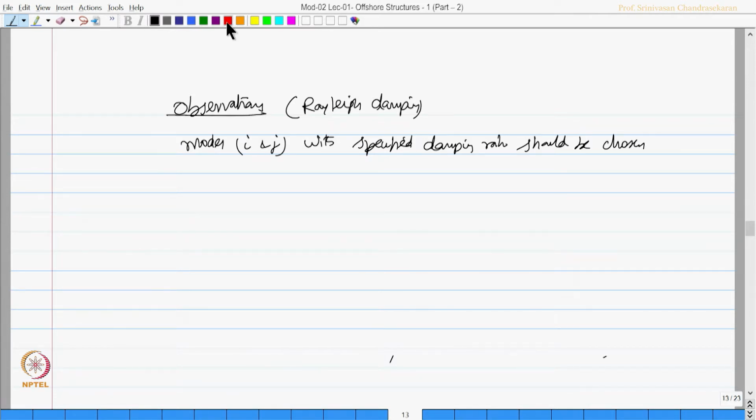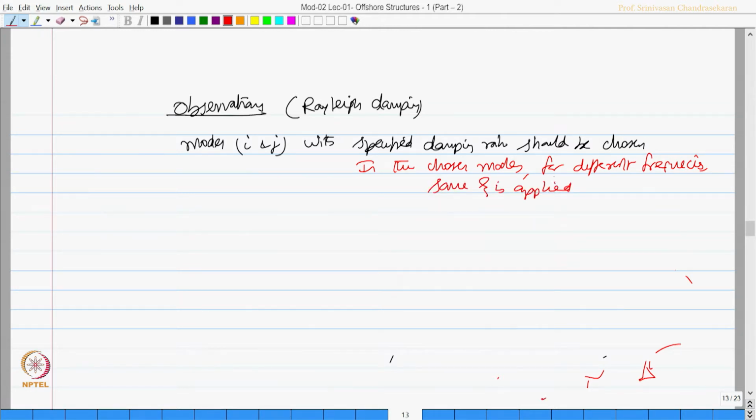The condition is, in the chosen modes for different frequencies, the same damping ratio is applied. So, you should be able to choose two different frequencies which have the same damping ratio. Okay.